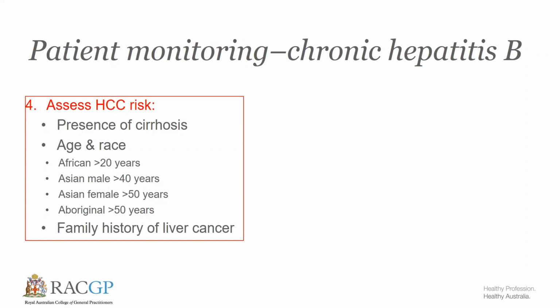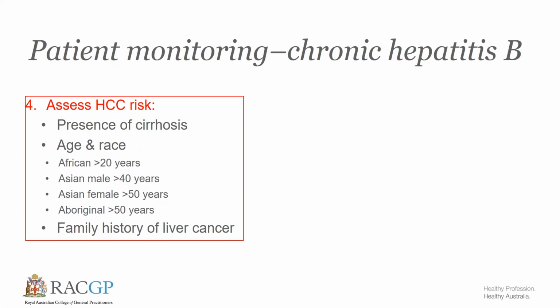So the things that dictate risk of hepatocellular carcinoma are the presence of cirrhosis, which you've assessed initially by your APRI score. And if your APRI score is abnormal, then you would refer for a proper assessment of whether cirrhosis was present.